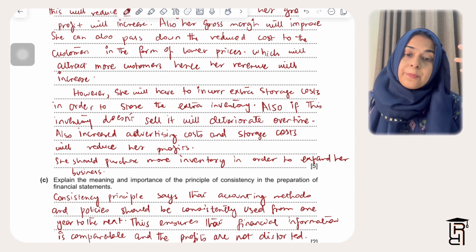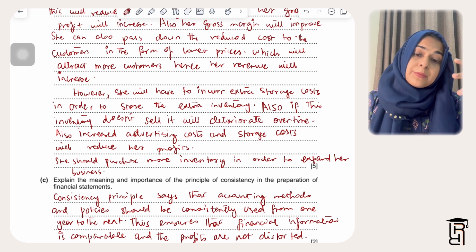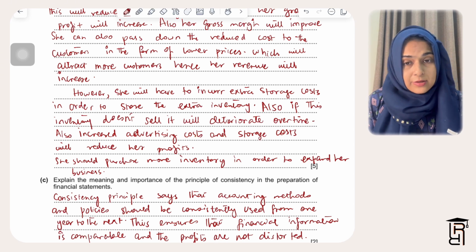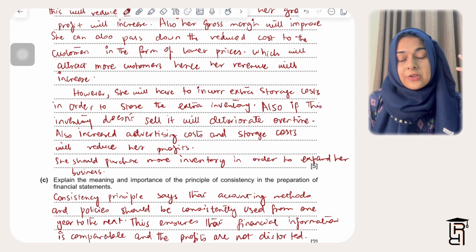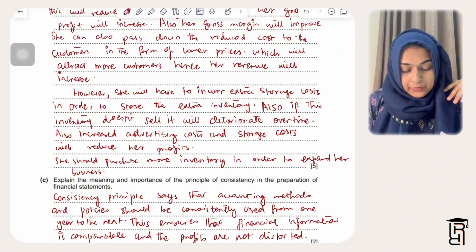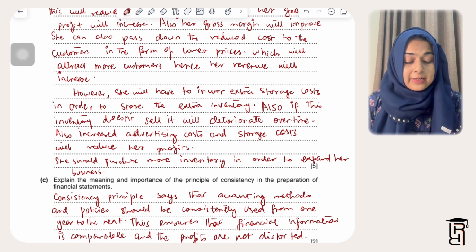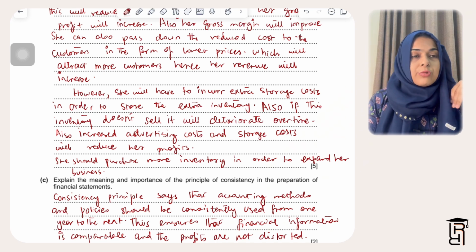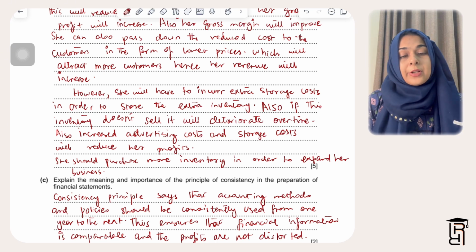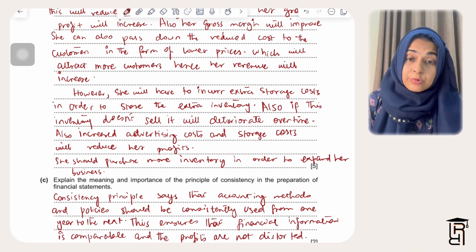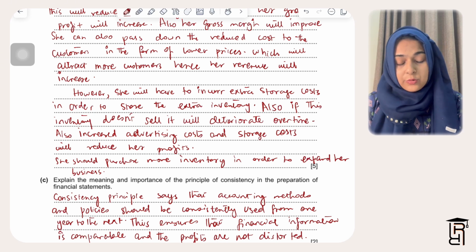Storage costs will also be part of the expenses section of the income statement. If she's not able to sell this extra inventory, these costs will just reduce her profit. She should purchase more inventory in order to expand her business. That is my recommendation. You can give any recommendation you like because recommendation is the student's opinion on the situation.